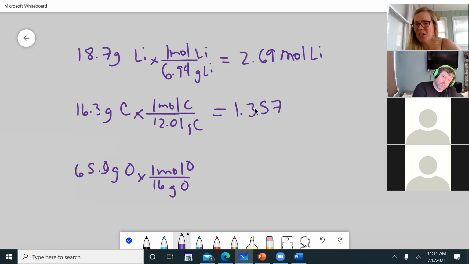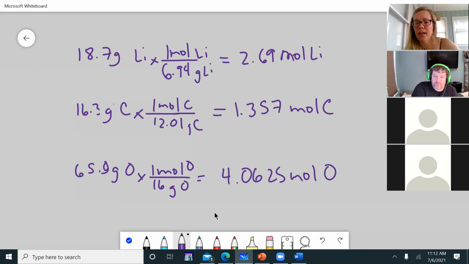It's kind of like half of this though, so I'm liking that. Moles of carbon. And then this last one, 65 divided by our 16, we get 4.0625 moles of oxygen. We got all sorts of different numbers, right? It's kind of a mess right now.